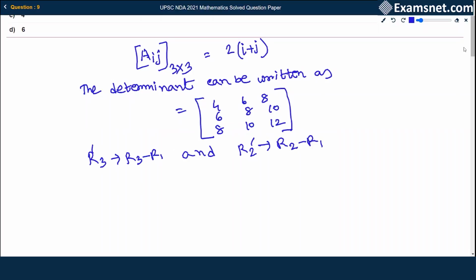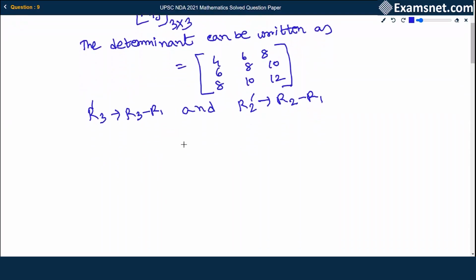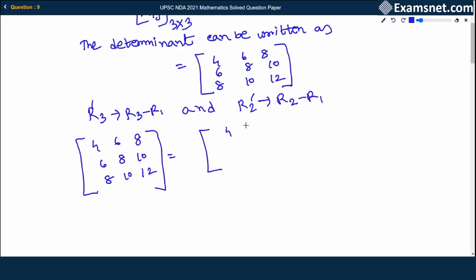So this will become 4, 6, 8, then 2, 2, 2, and again 2, 2, 2 in the third row.